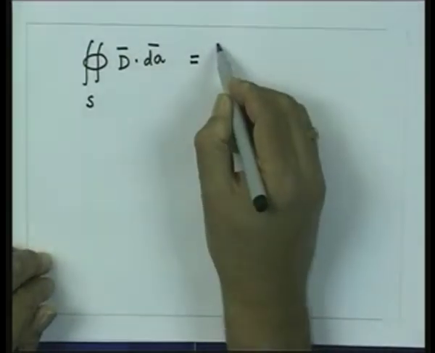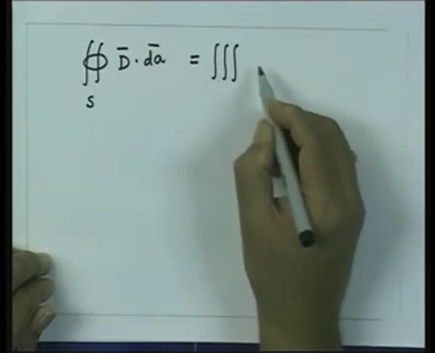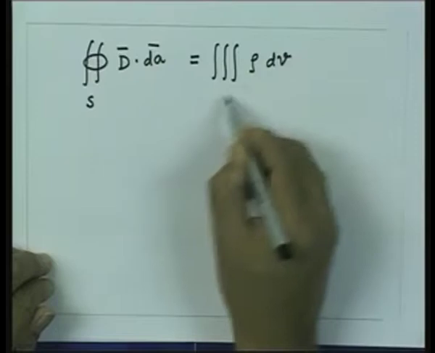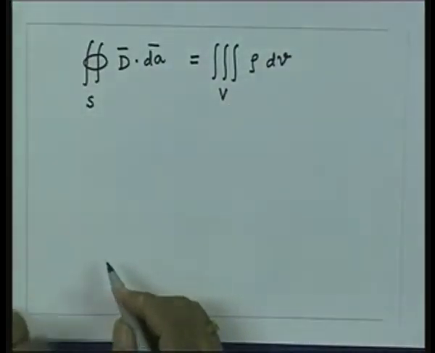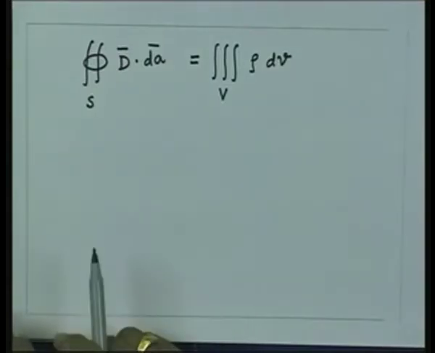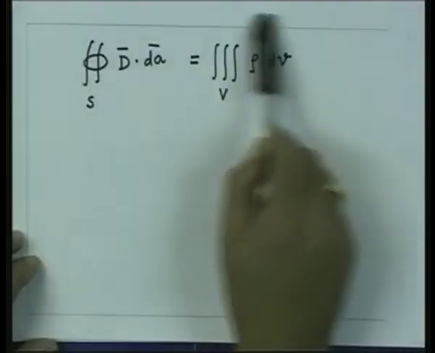So, if I find out the total charge in this volume, the integral of rho dV over this volume V gives me the total charge enclosed by the surface. So, mathematically the Gauss law can be written simply as finding out the total displacement integrated over the surface and the total charge integrated over the volume.